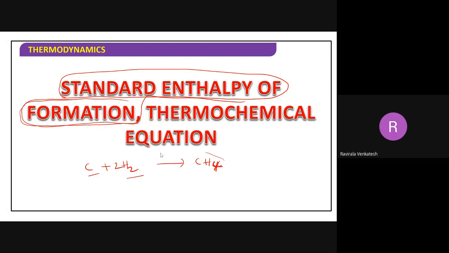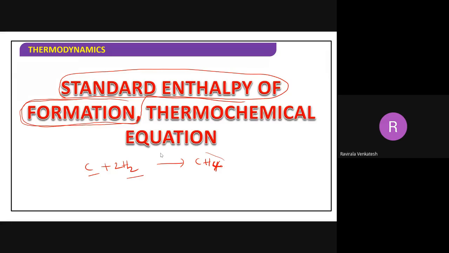So how do you make the definition here? Very simple. The change in the enthalpy. If you say change in the enthalpy, it means energy may be absorbed or energy may be released. If you don't know whether the process is endothermic or exothermic, you say the change in the enthalpy.